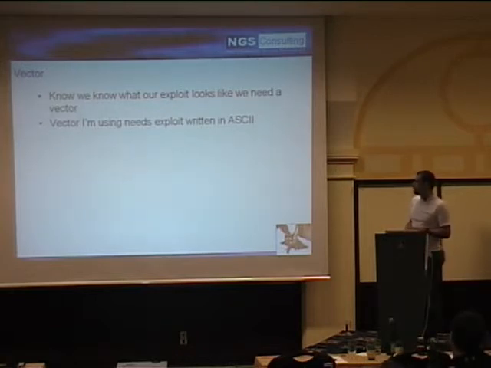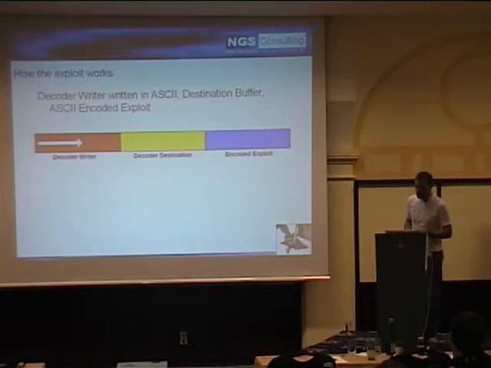The vector I'm using here happens to require that the exploit be written in ASCII, so this needs a bit of explanation. Because the exploit I'm going to be demoing has to be ASCII, I've written the decoder writer in ASCII.